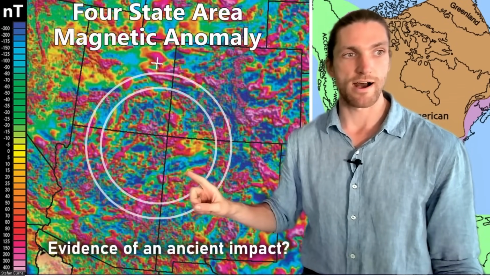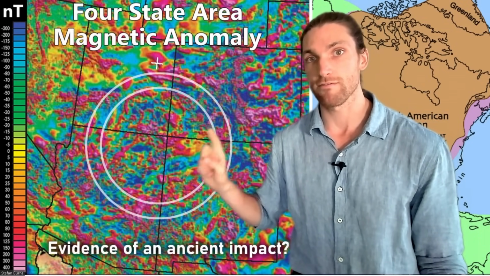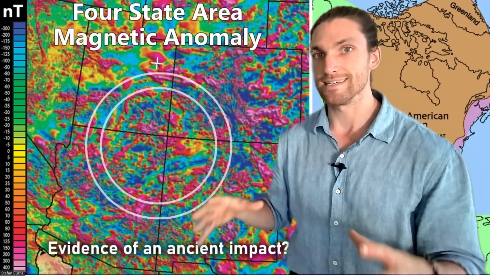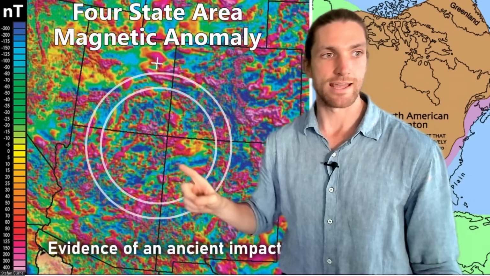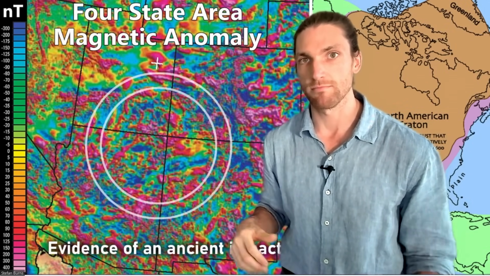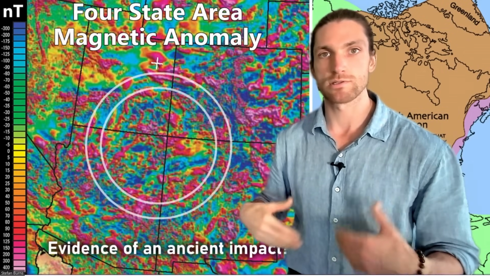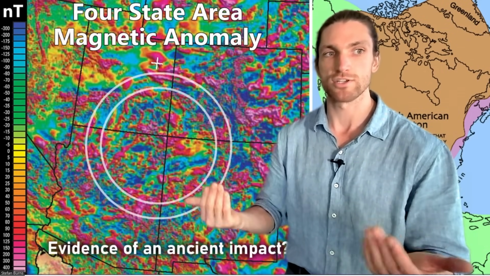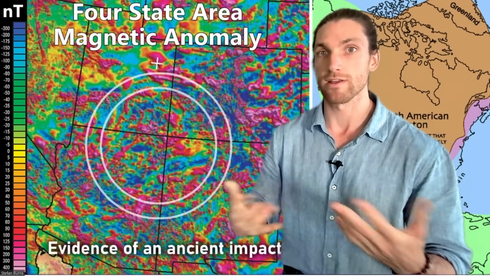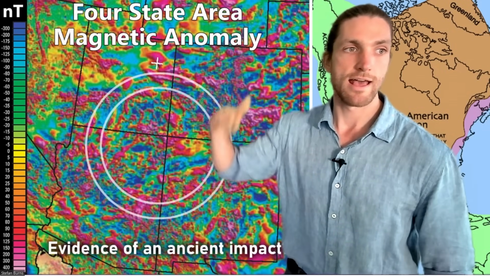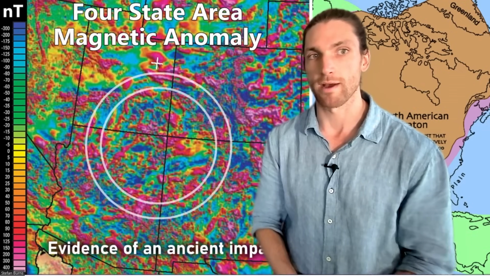So it is very possible that there is a very, very large impact event that occurred here that's very old and deep in geologic time. And so there's really no surface expression, but we're still seeing the magnetic effects of that because those long period wavelengths are able to reach the surface and be measurable, and even be measurable in a more quality fashion at altitude by planes or by satellites.